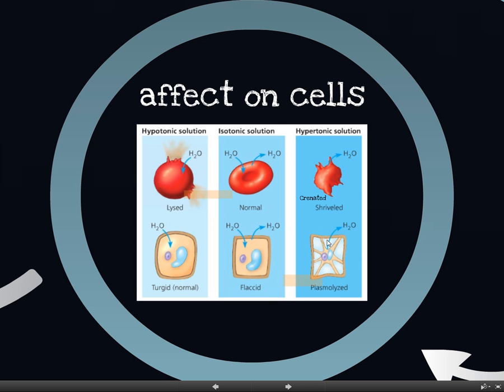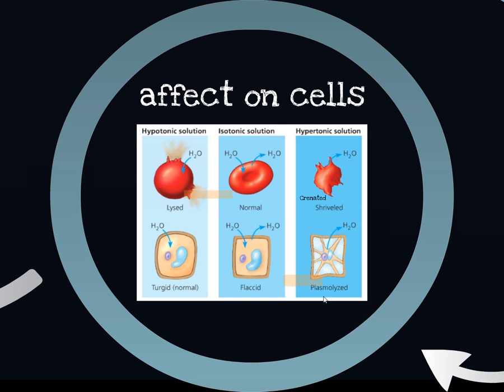Because the cell membrane is joined to the cell wall at certain points, as it shrivels and pulls away, it often rips off. So the membrane pulls inwards and is ripped off the cell wall, and we call that plasmolysis. Or we say that the plant cell is plasmolysed.